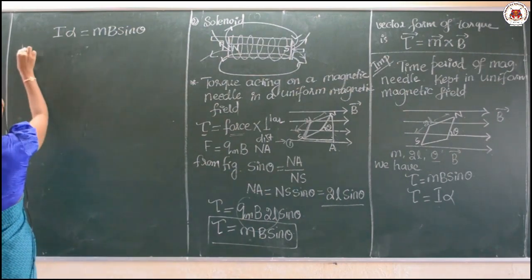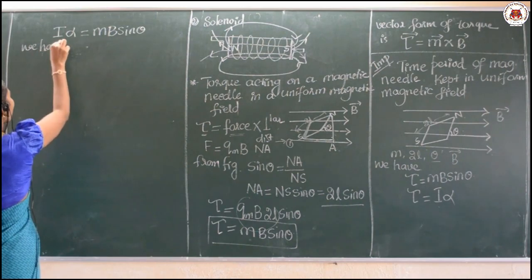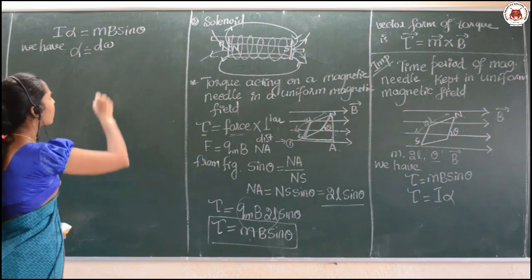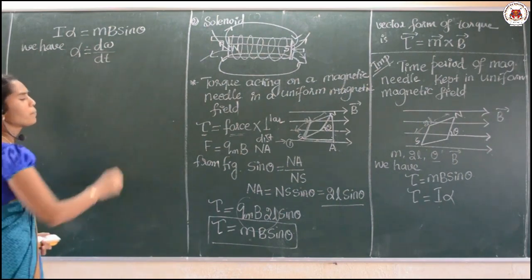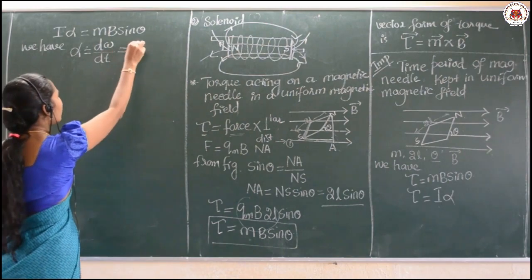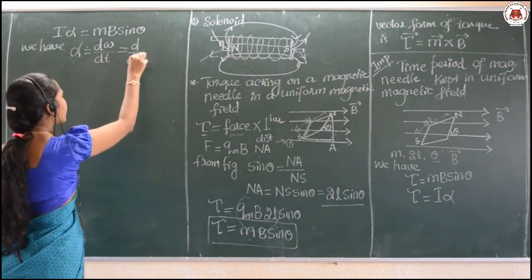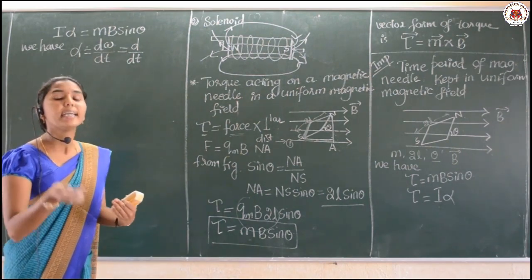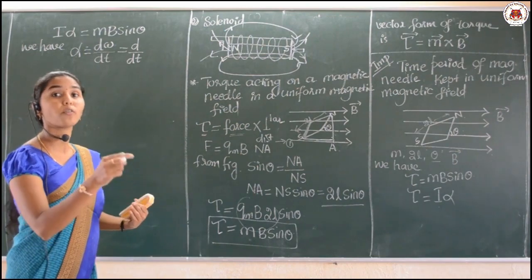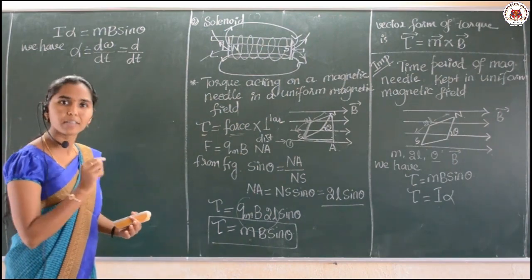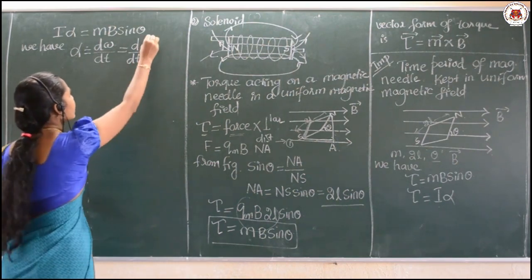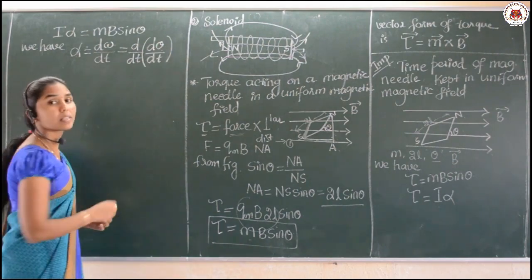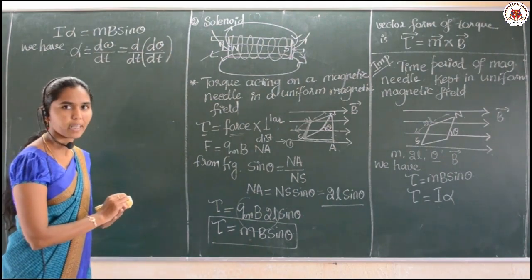Then again we know that alpha is the rate of change of angular velocity with respect to the time, so we keep d by dt as it is. Omega is the angular velocity, the rate of change of angular displacement with respect to the time, given as d theta upon dt. Here theta means angular displacement. Am I clear?